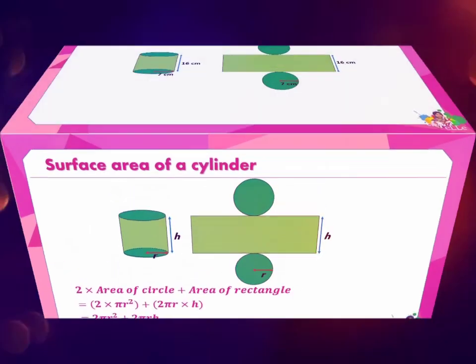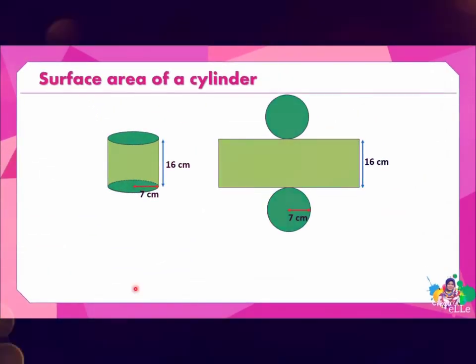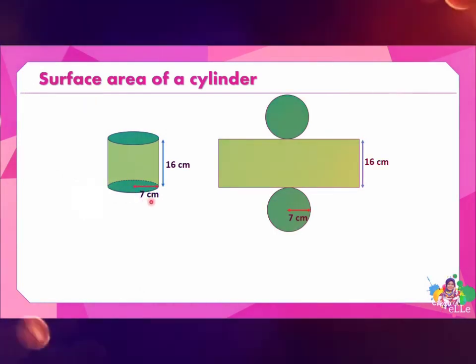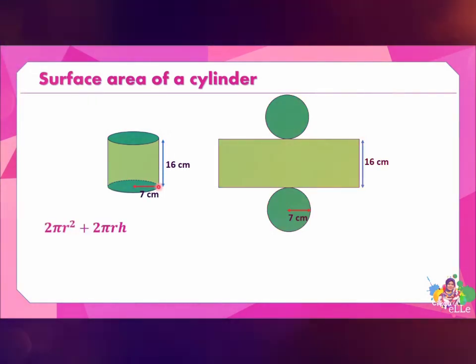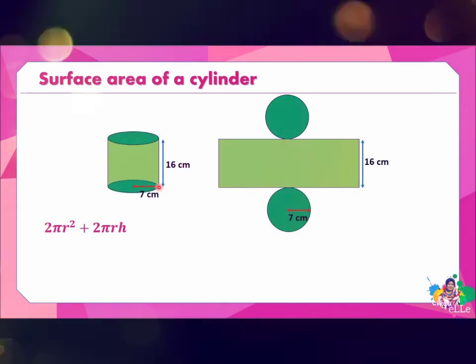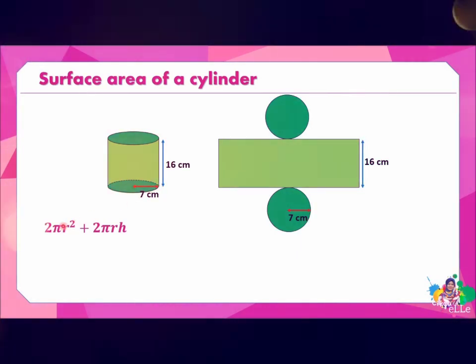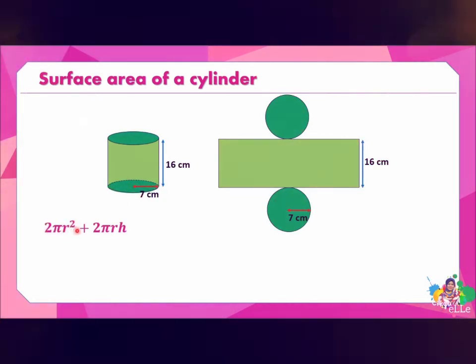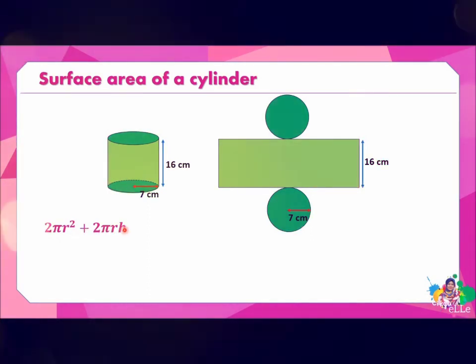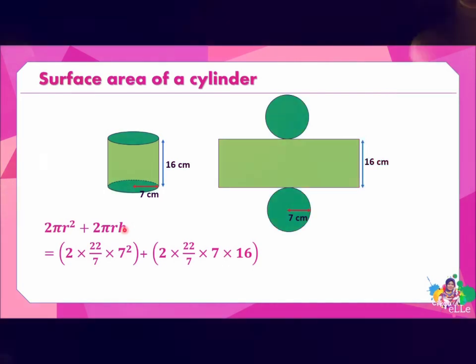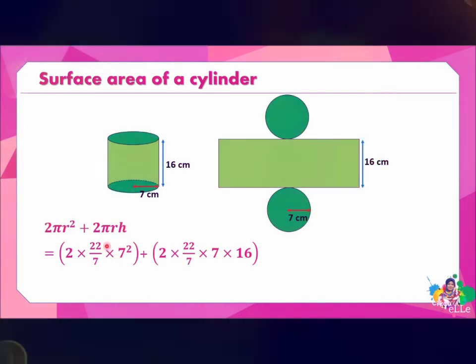Let's look at an example. Let's say the radius given is 7 cm and the height is 16 cm. And you know the formula to find the surface area of a cylinder is 2 pi r square plus 2 pi r h. Then substitute the values into the formula.